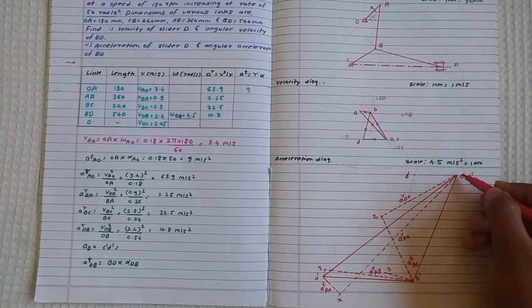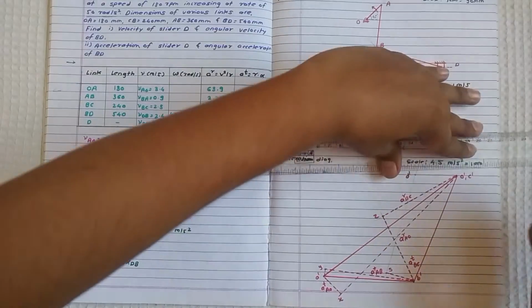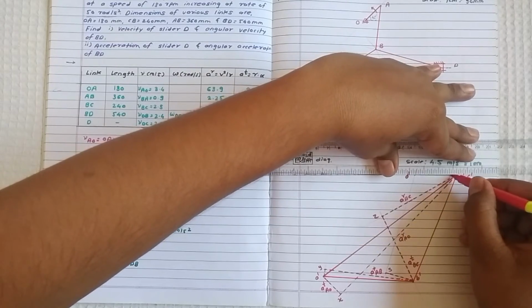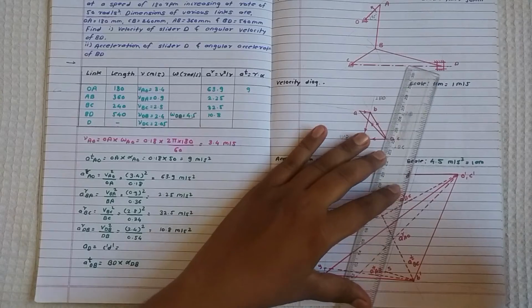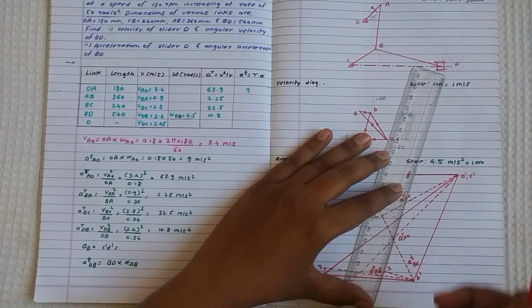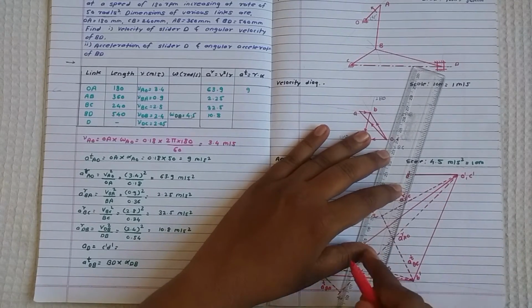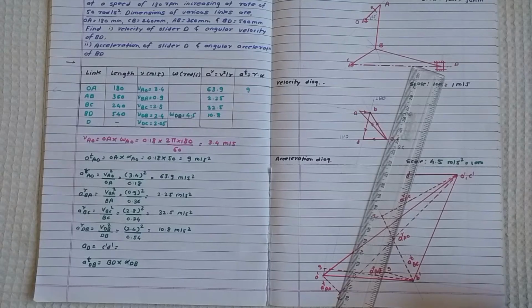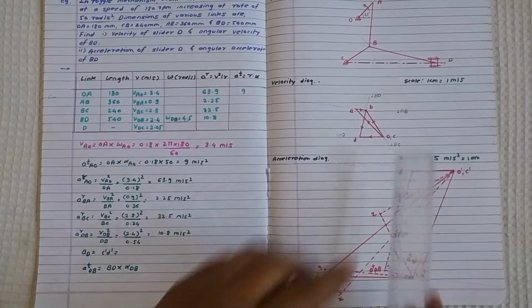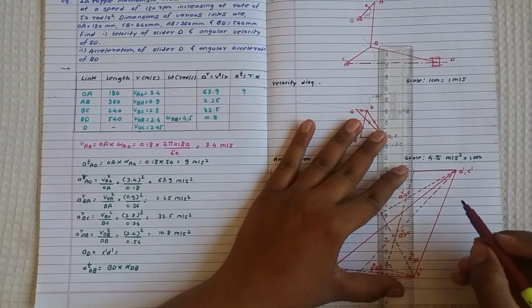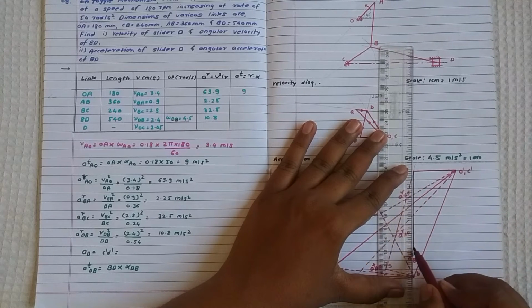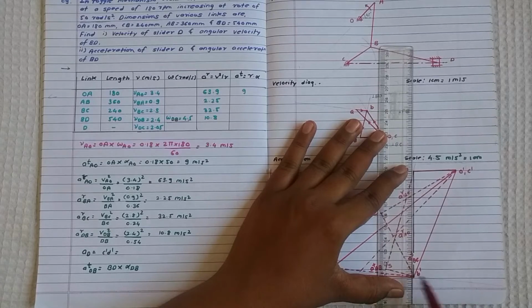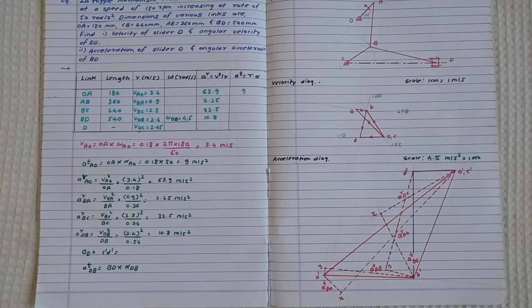So let us join C dash D dash with solid line because it is the acceleration of the slider, and D dash S with dotted line as it is the tangential component of acceleration of BD. Now we can join B dash D dash with a solid line as it will be the total acceleration of BD.